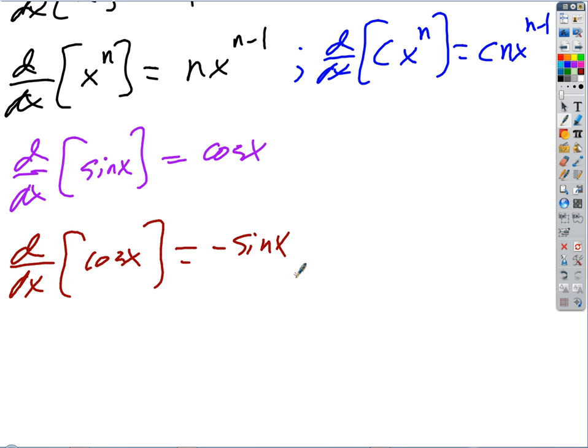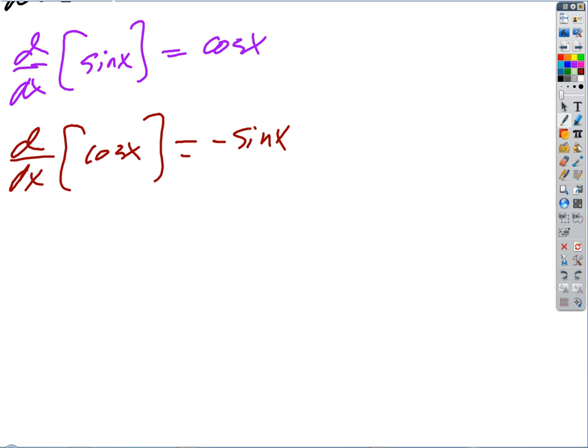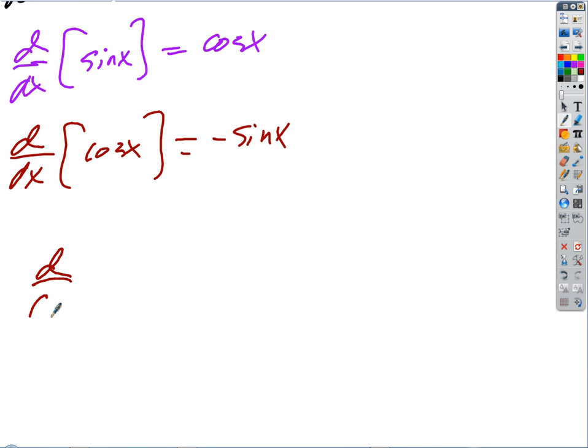And then, coming down the line in a couple weeks, I just want you to have an appreciation that we're still a little limited. Notice that all these functions we're dealing with are just functions of the variable x. What if I wanted to do a composition of functions? Instead of the derivative of sine x, what if I want the derivative of sine of something like 3x squared plus x?